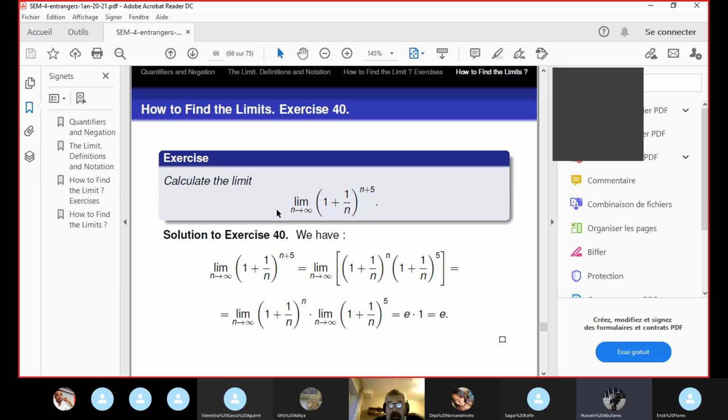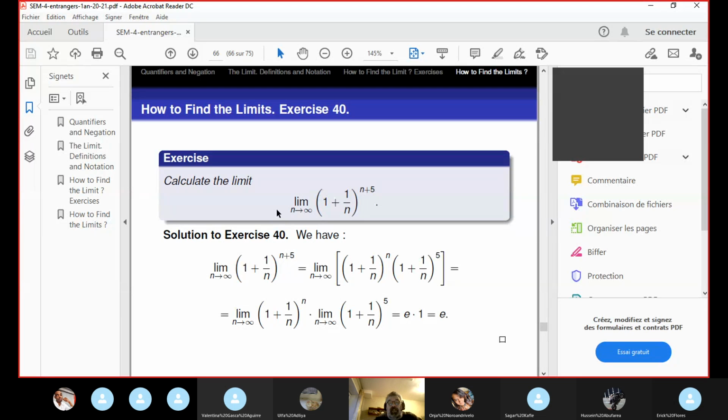It is clear. Then in the framework of our limit theorem, we say if two limits exist, then the limit of the initial sequence will be the product of the limits.